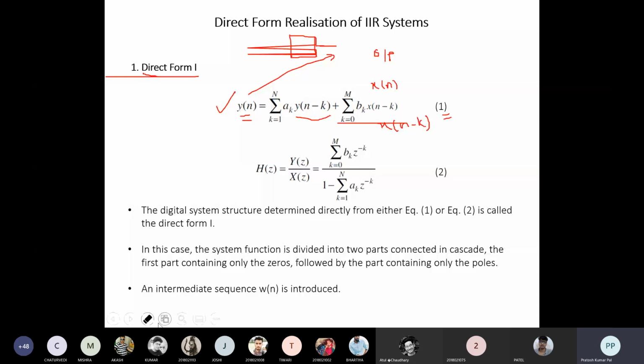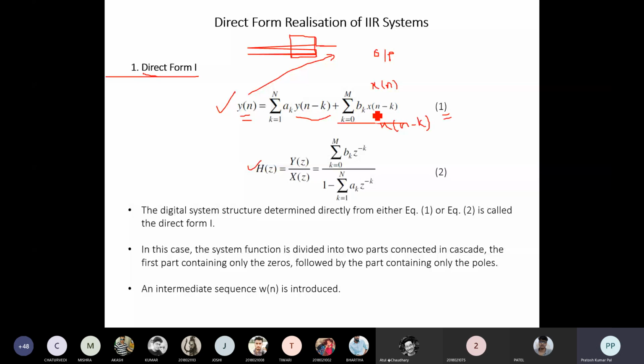Once we have found the transfer function, it will be obtained from the given equation of the system. So from there we make Y of z divided by X of z, which will give the summation k equals 0 to M, b k x of n minus k.